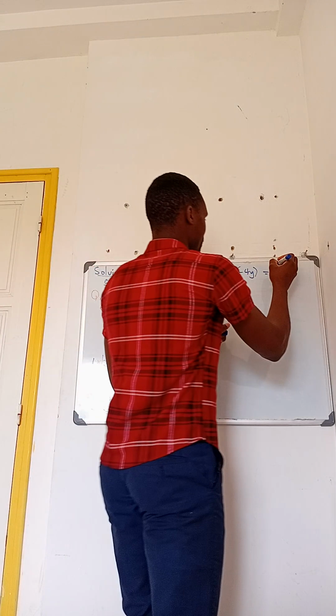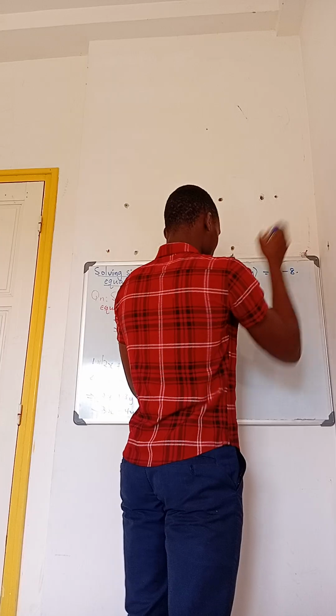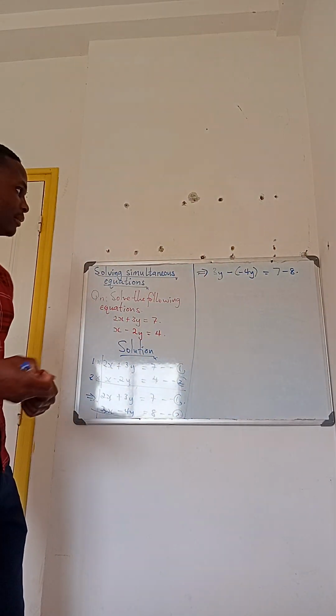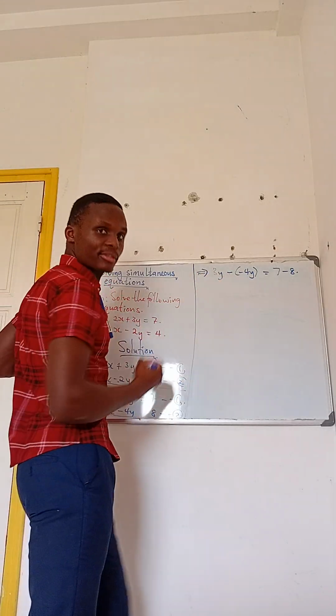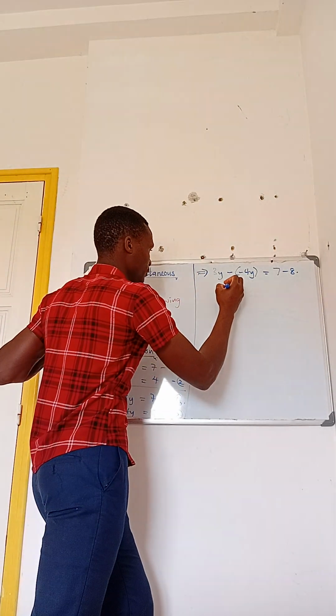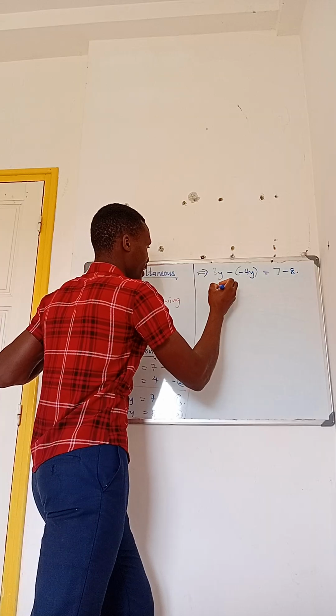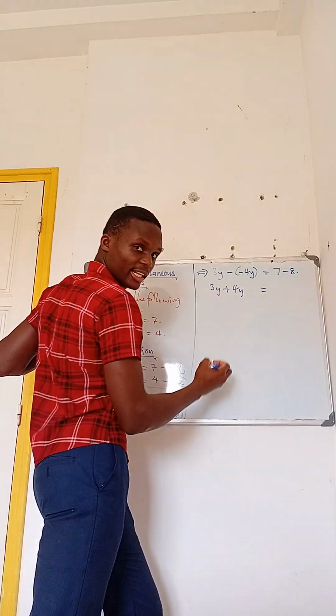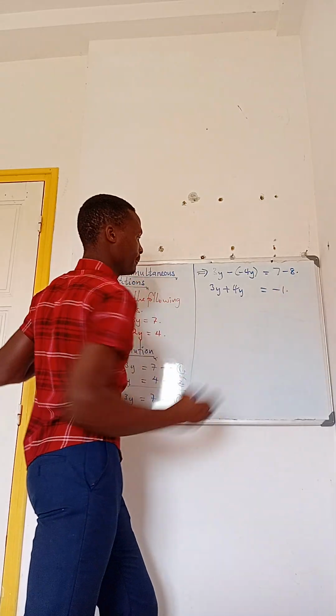So we write 7 minus 8 there. Okay, so after that we simplify. Remember, minus times minus, we get plus. So it's 3y plus 4y, which is equal to 7 minus 8 is negative 1.